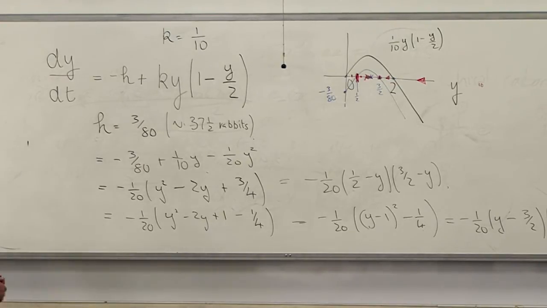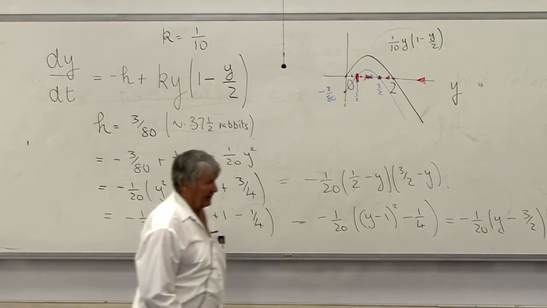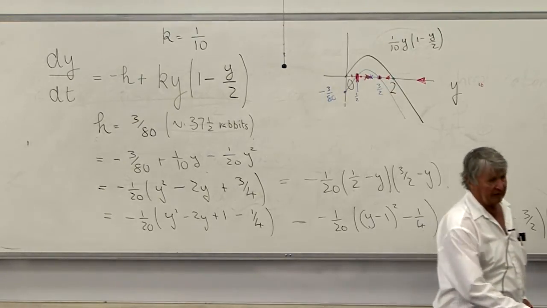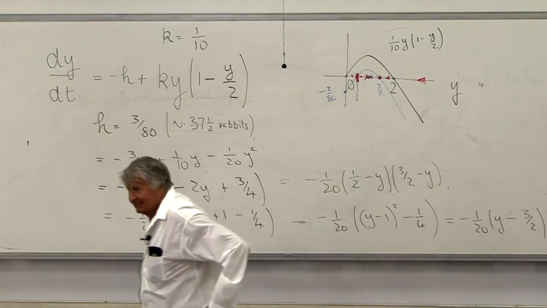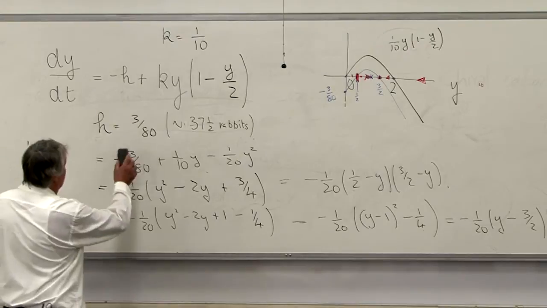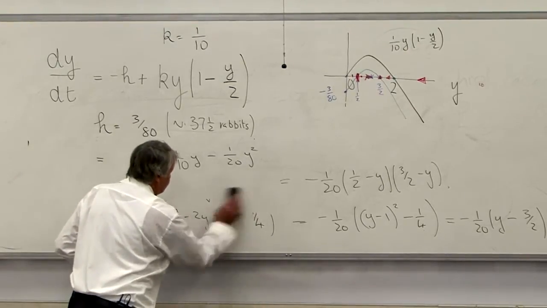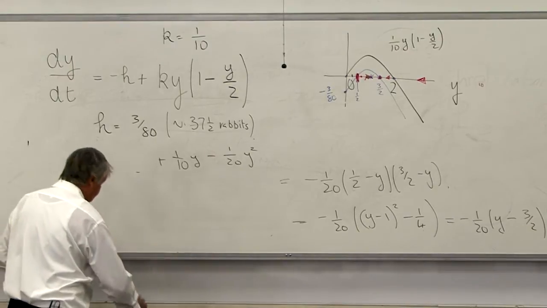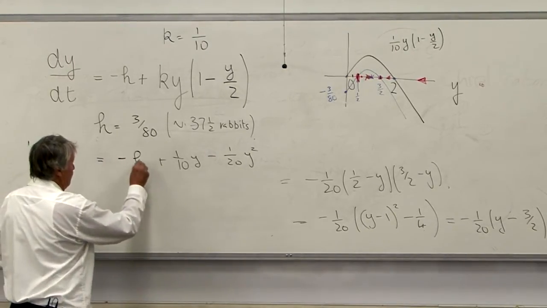Now the question comes, okay, let's go back and ask the following question. How many permits could we offer and still keep a population of rabbits? All right, so now we're going to let the h be unknown. So I have this as minus h.